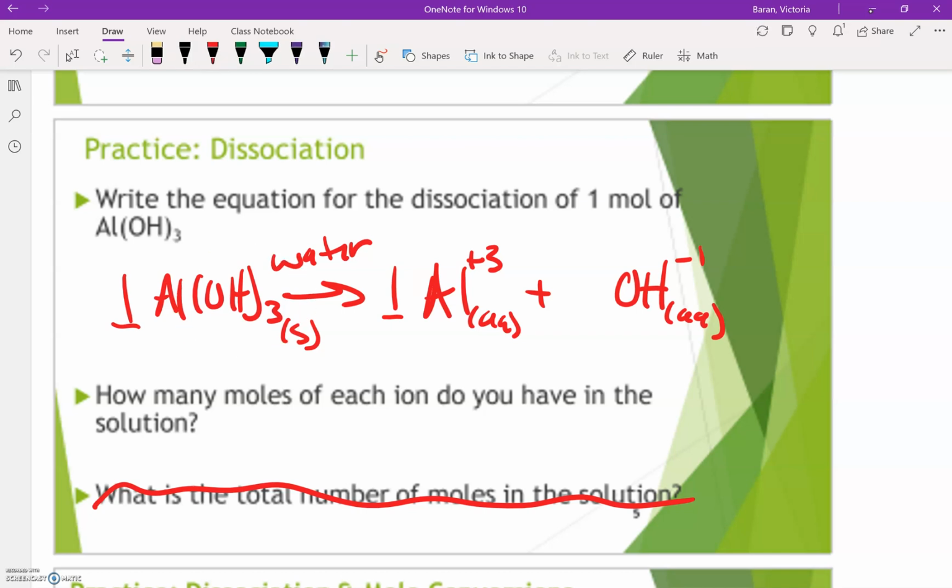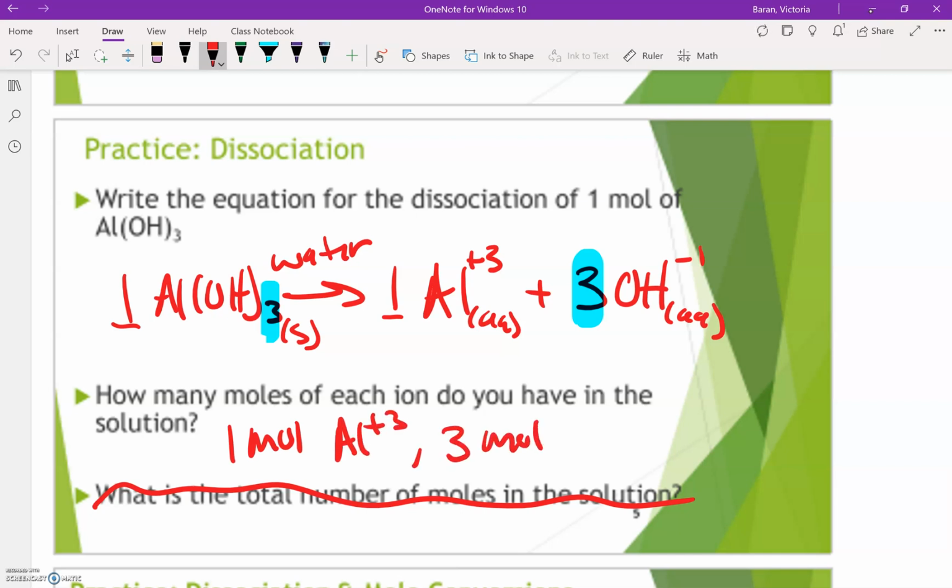And then on this side, we have 3 hydroxide ions. So I'd have to put a 3 in front of that OH so that it is balanced. So I have 1 mole of the aluminum ions, and then I have 3 moles of the OH, which is the hydroxide ions.